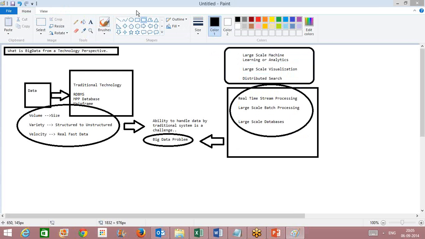So these are the technologies which help you solve the big data problem. And Hadoop actually falls in a large scale batch processing environment.